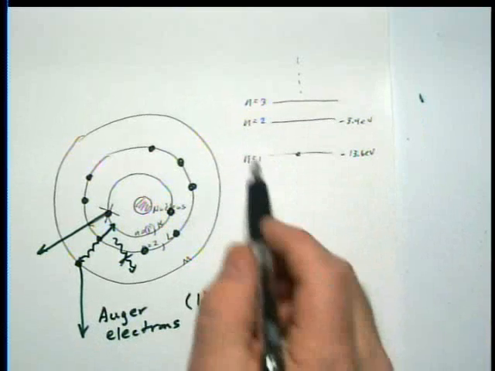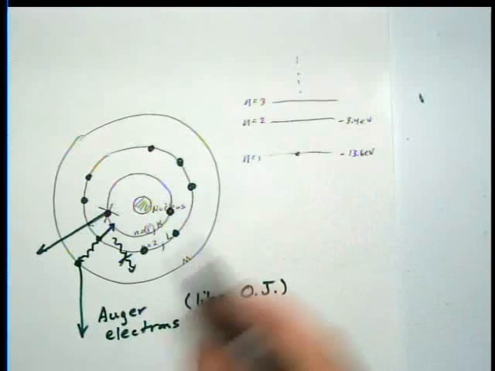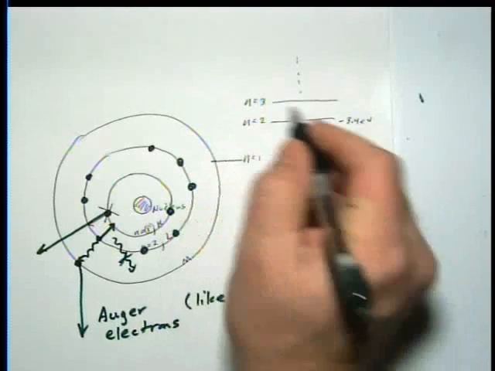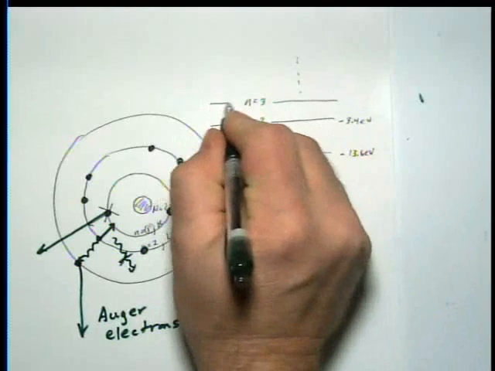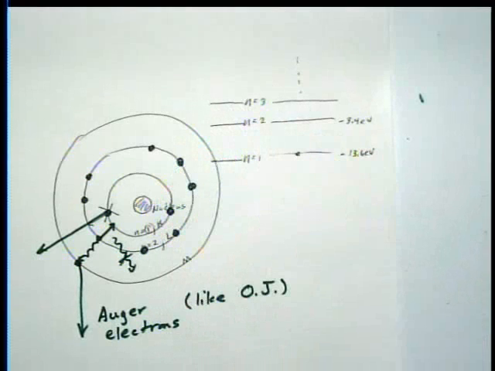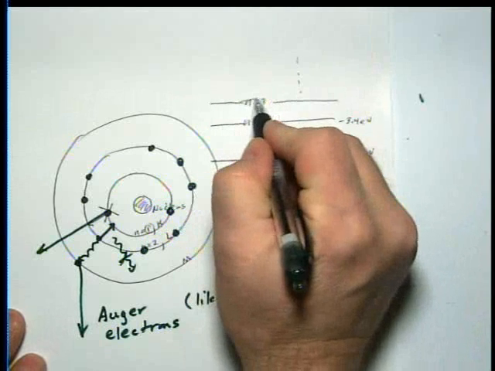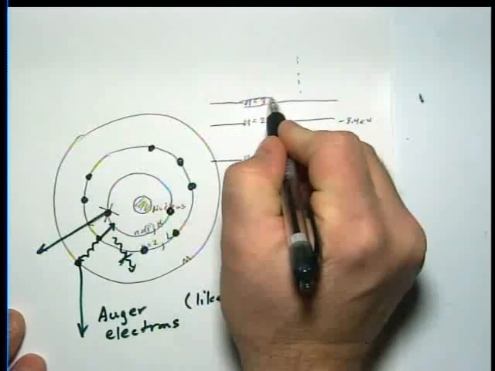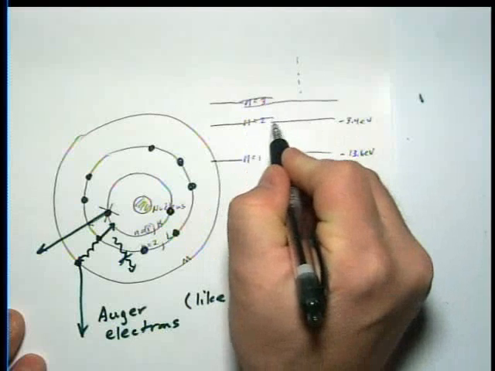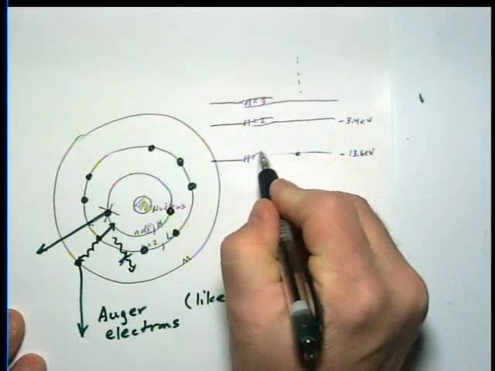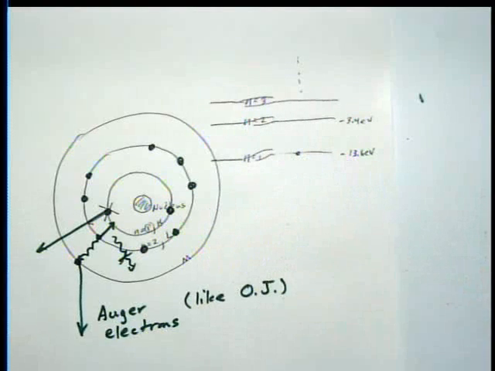So if you had one atom, it'd look like this. If you had a second atom, you might think that it would put its levels exactly in the same place. It doesn't. It interacts. So what happens is they get shifted like this.